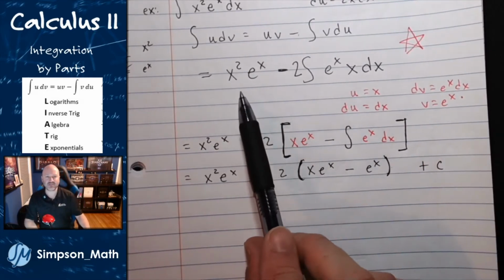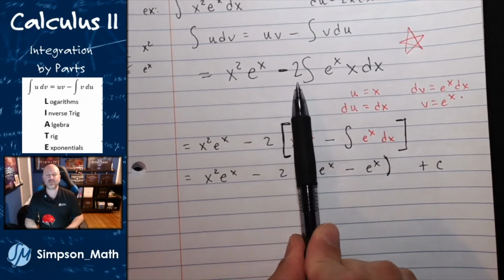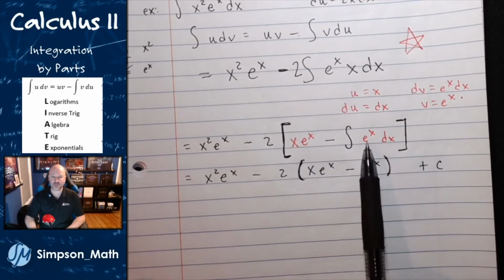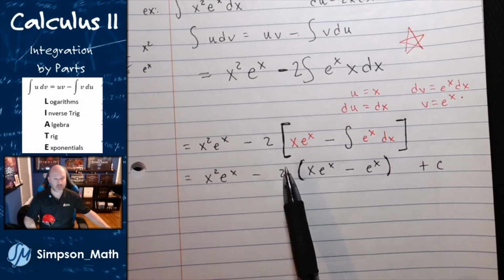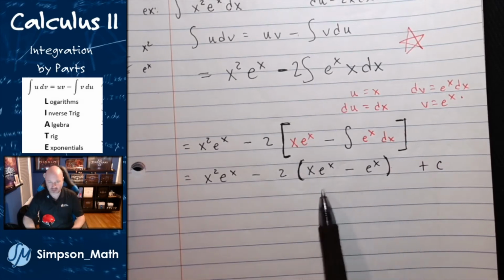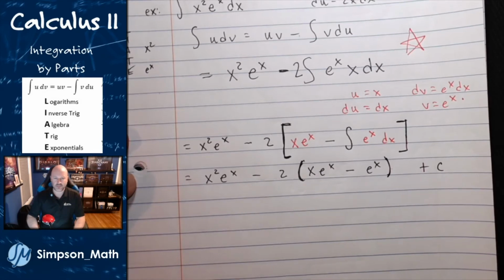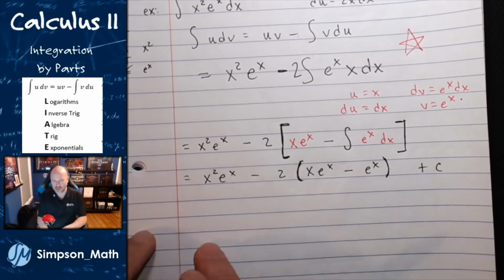I had that first uv kind of separated out. -2 times this integral. The integral became its own parts formula with 2 pieces. So that 2 is being multiplied by this. And it does look like I can factor an e to the x from this parentheses, and then maybe an e to the x from that binomial.